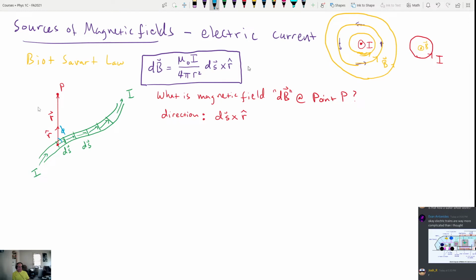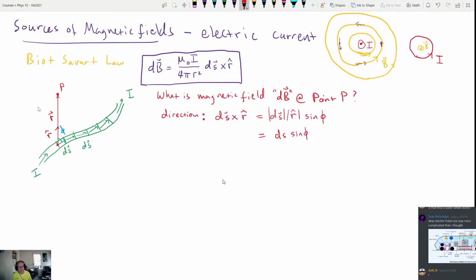And then I can say that ds cross r hat is going to be equal to the magnitude of the vector ds multiplied by the magnitude of the vector r hat, and then multiplied by the sine of the angle between the two of them, sine of phi. So the magnitude of ds would just be called ds. And the magnitude of r hat would just be 1. And then sine phi would just be, well, sine phi.